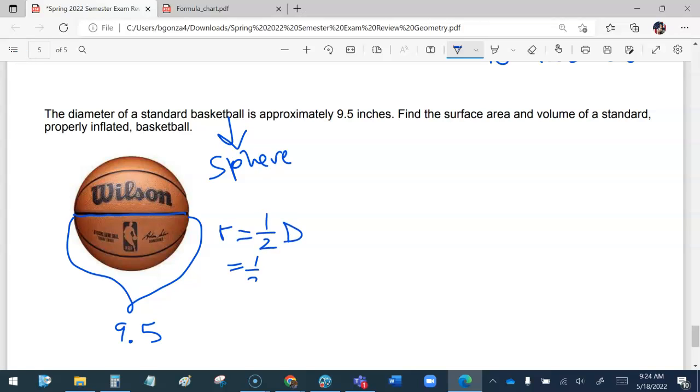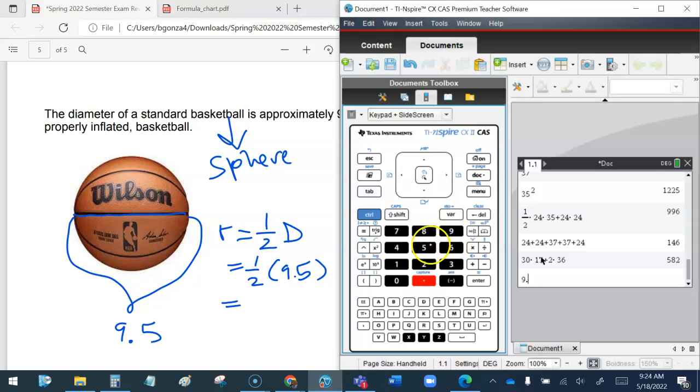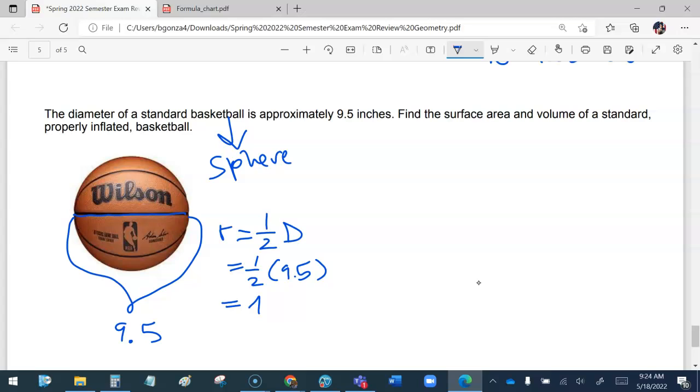So it's 1/2 of 9.5. 4.75 is my radius. Okay, very important that I know the radius. From the center to the edge, 4.75. Okay, so find the surface area and the volume.